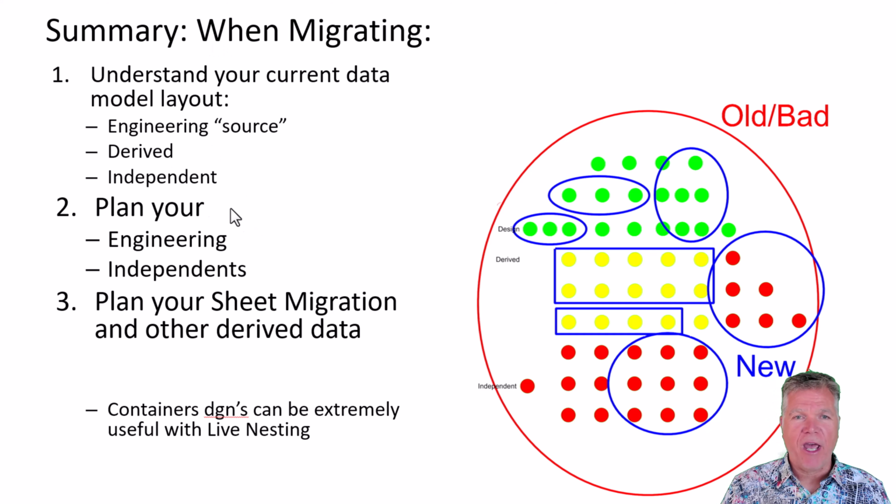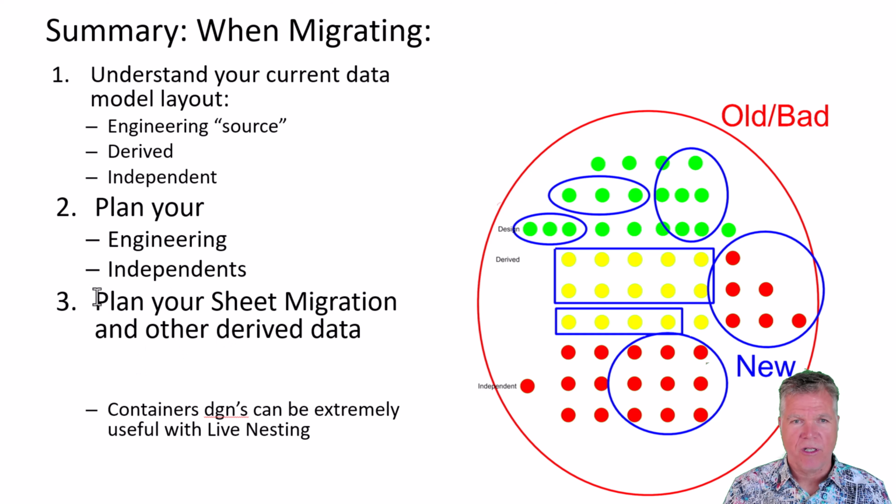So understand where you're at. Plan. Again, the engineering stuff's easy because it's ALG to DGN, it's DTM, all that stuff's documented pretty well. Independents, again, if you've got garbage that's static, you don't want it encapsulated into any of the engineering, the live stuff, any of the managed stuff, okay?